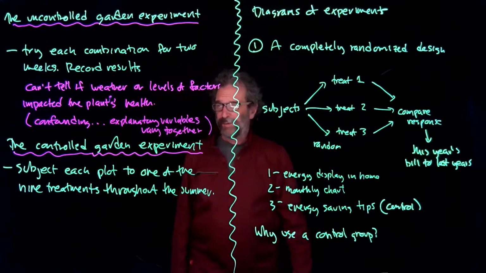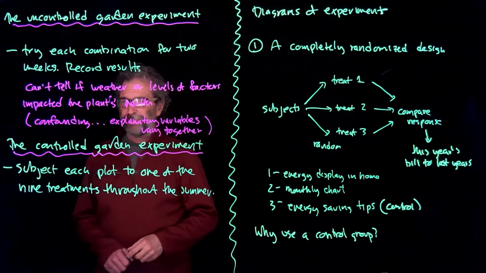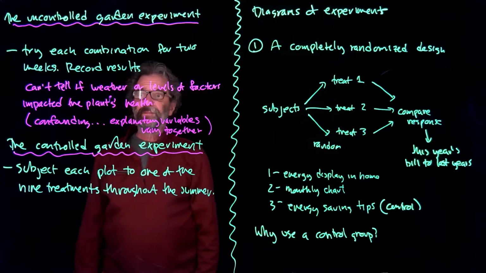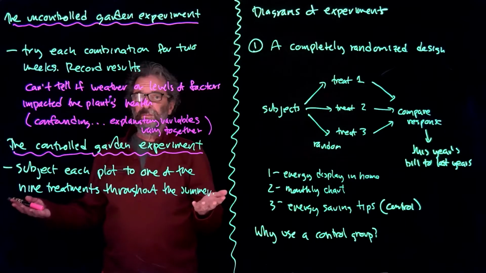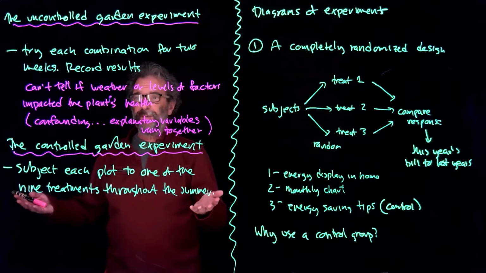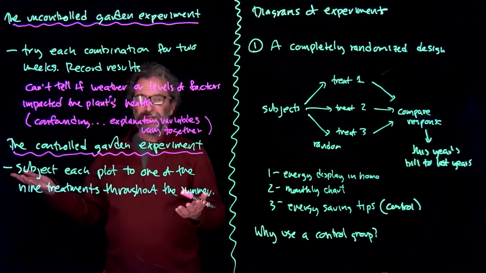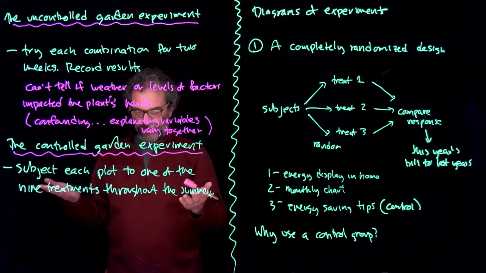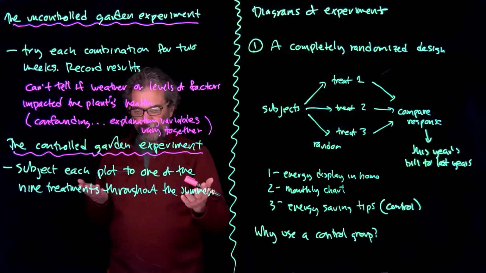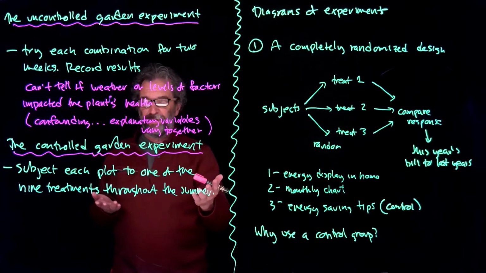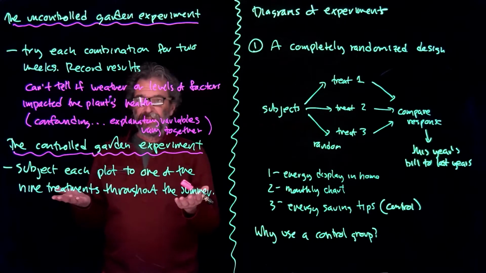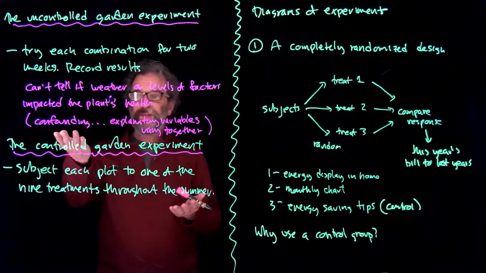So if you have some explanatory variables that might have a big impact on the response, and you can't control for them, they're just going to happen. And when you change the levels of the factors you're using, if those other things change at the same time, you don't know who made the health better or worse, whether it was the weather or the watering scheme and the sun. And since you can't tell, that's called confounding because both things change at the same time.